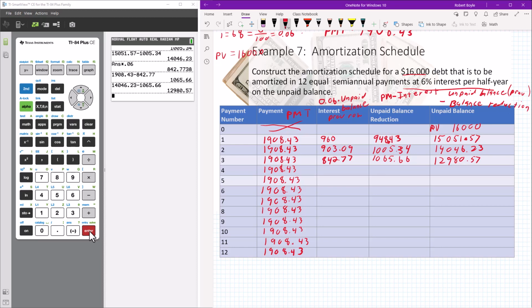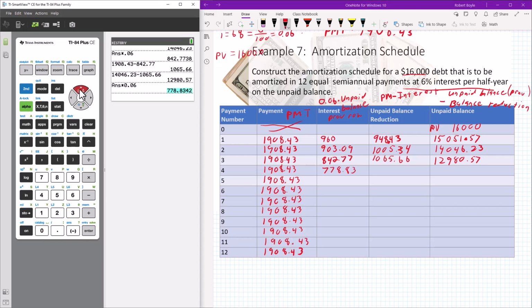Multiply that by 0.06. That gives me 778.83. I guess I could go up to here, hit enter. Actually, I think this takes too long. 778.83.